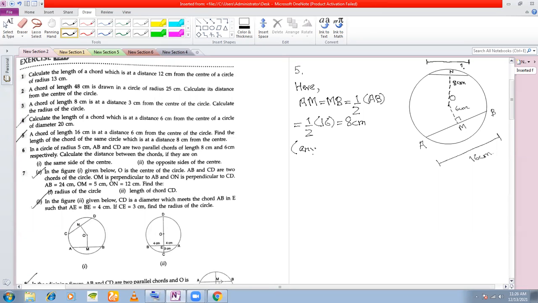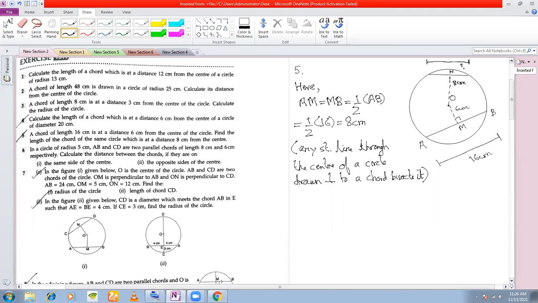Any straight line through the center of a circle drawn perpendicular to a chord bisects it, right?